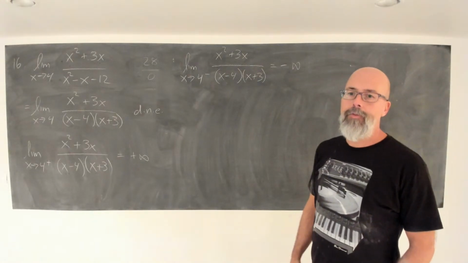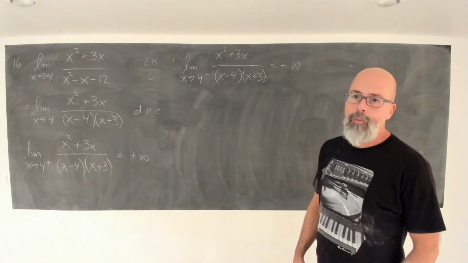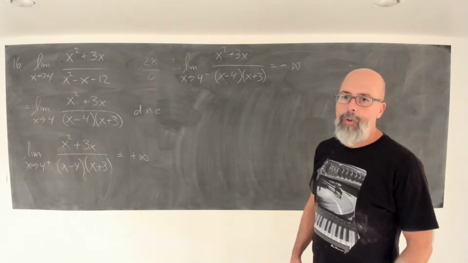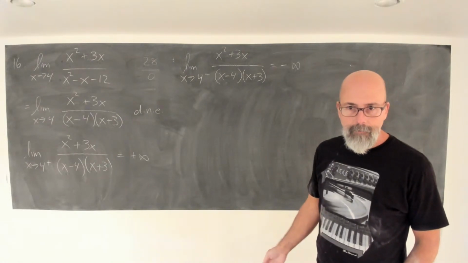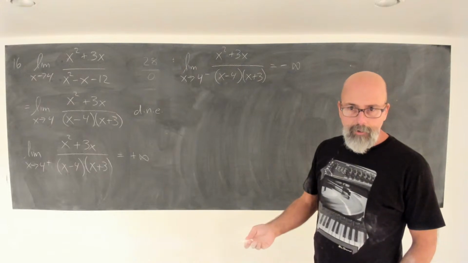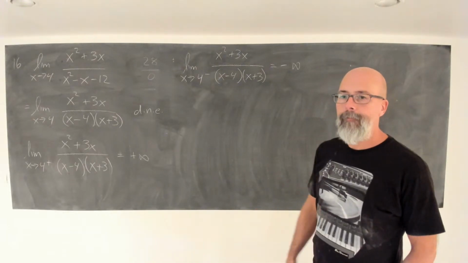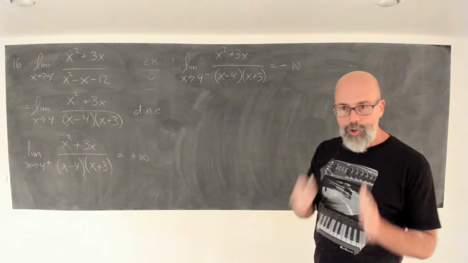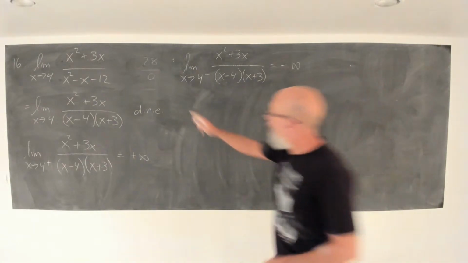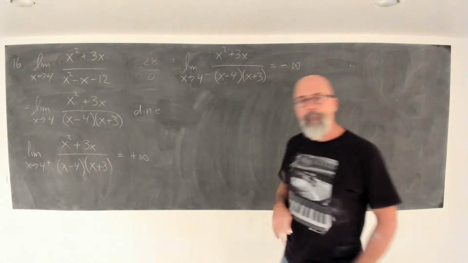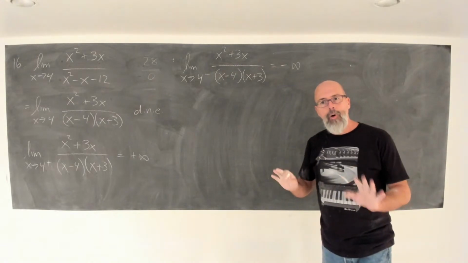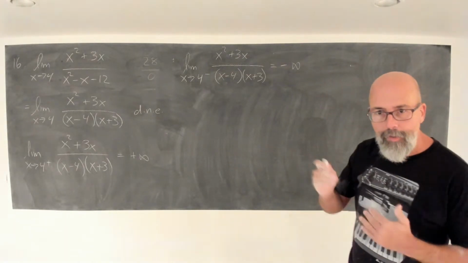Vanessa is asking if we had 0 in the numerator, would the answer still have been positive or negative infinity? It depends. It could have been. It might not. There's no way of knowing that, right? If you have 0 over 0, there's no way of knowing what the limit is without doing the work.